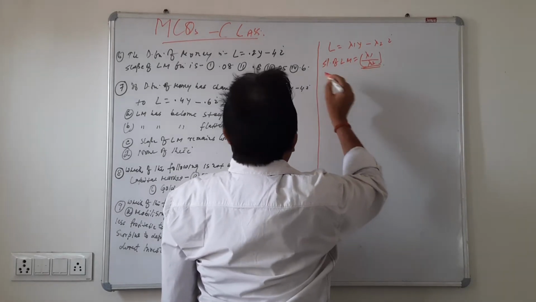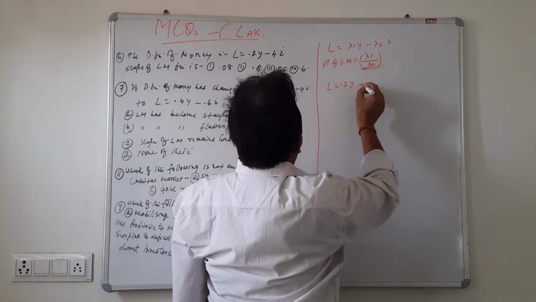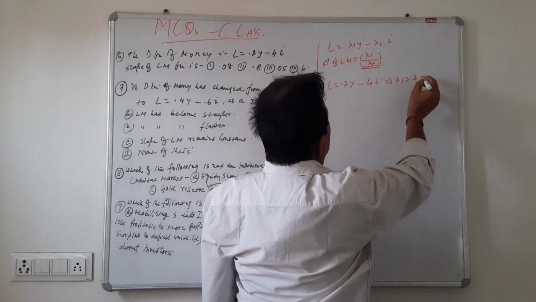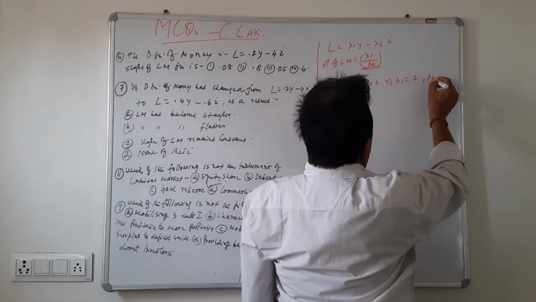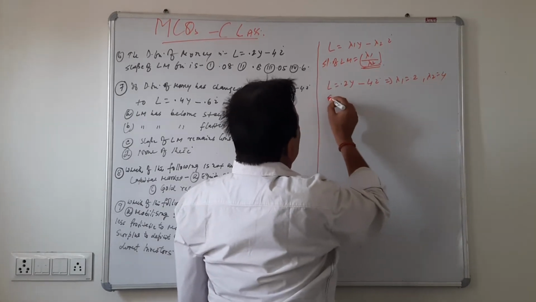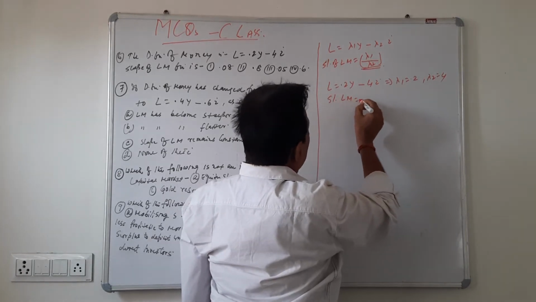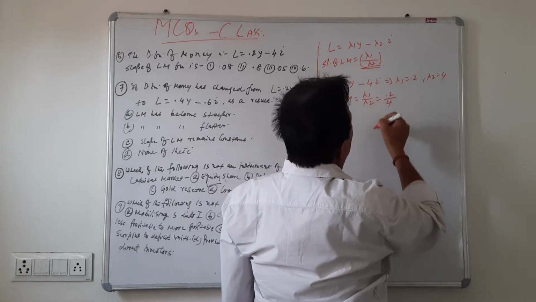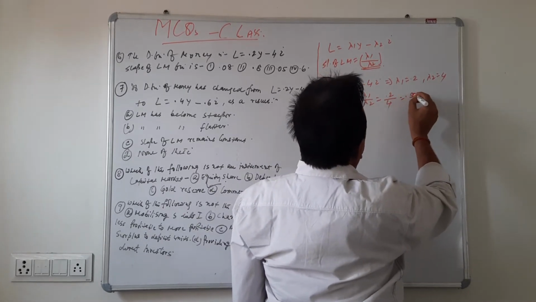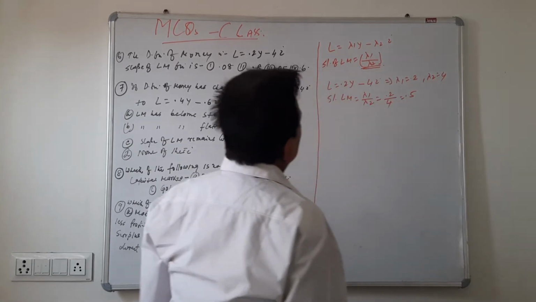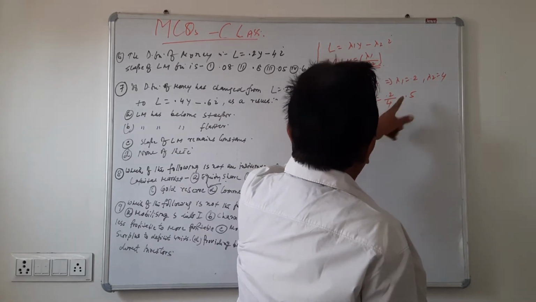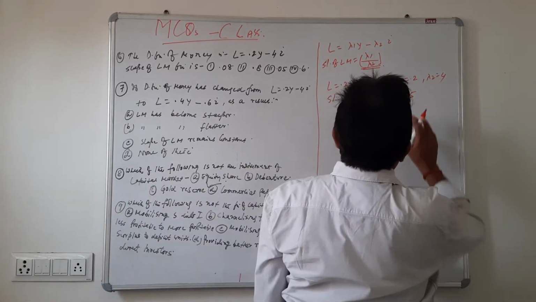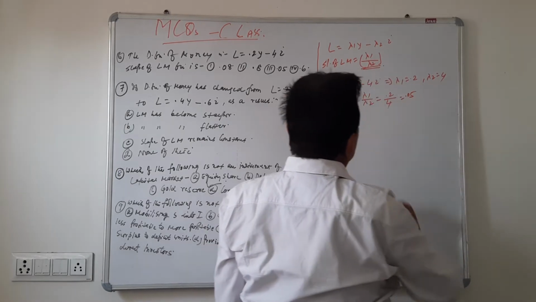This formula has to be kept in mind. Here L is 0.2y minus 4i. Lambda 1 is 0.2 and lambda 2 is 4, hence the slope of LM is lambda 1 by lambda 2, 0.2 by 4, that is 0.05.